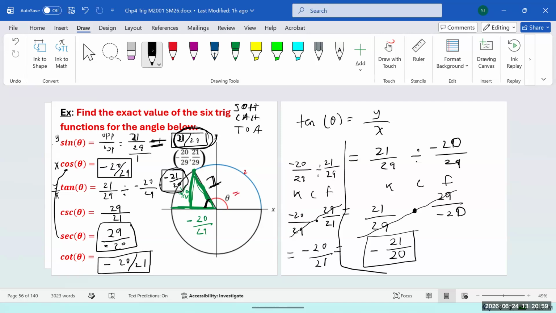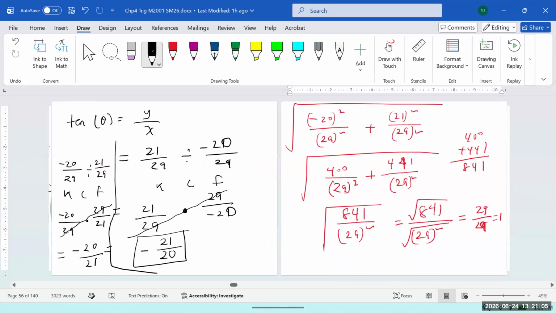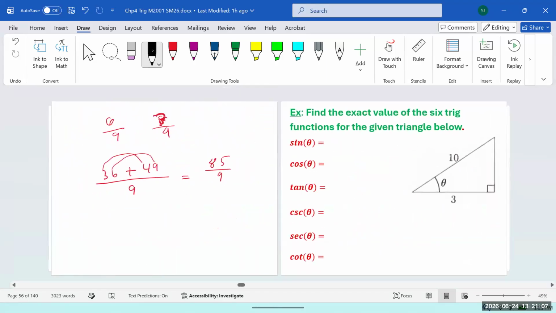Okay, any question on this? Okay, then one exam question. Based on the triangle's information, find all 6 trig functions.